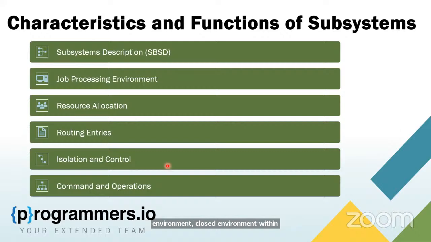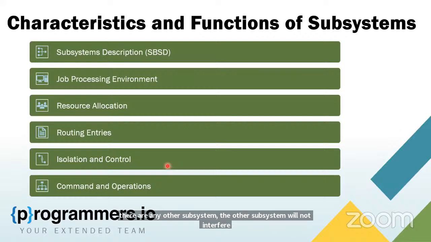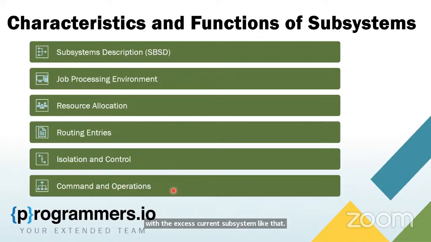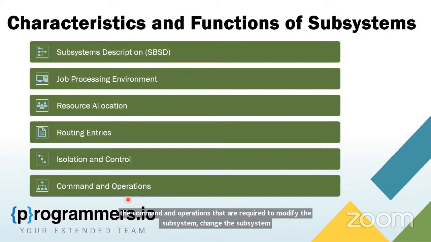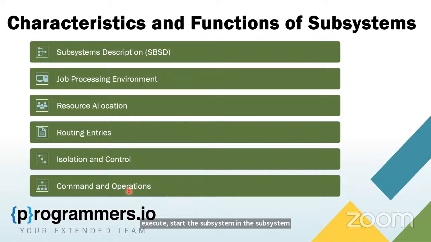If there are any other subsystems, the other subsystem will not interfere with the current subsystem. And the commands and operations that are required to modify the subsystem, change the subsystem description, start the subsystem, end the subsystem, these kinds of things. These are all the characteristics and functions.